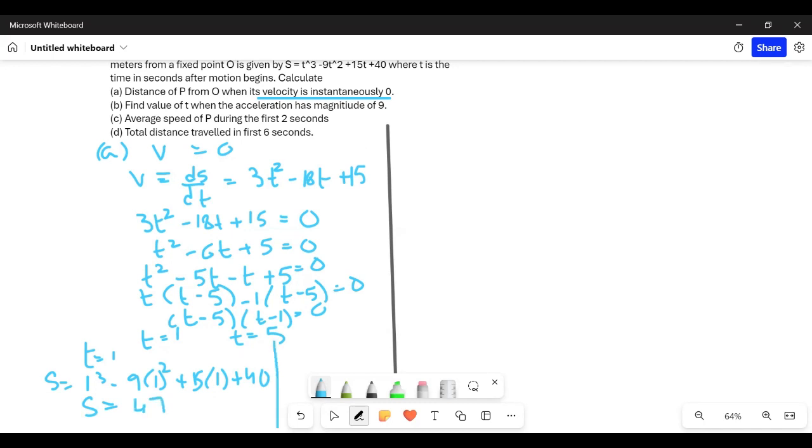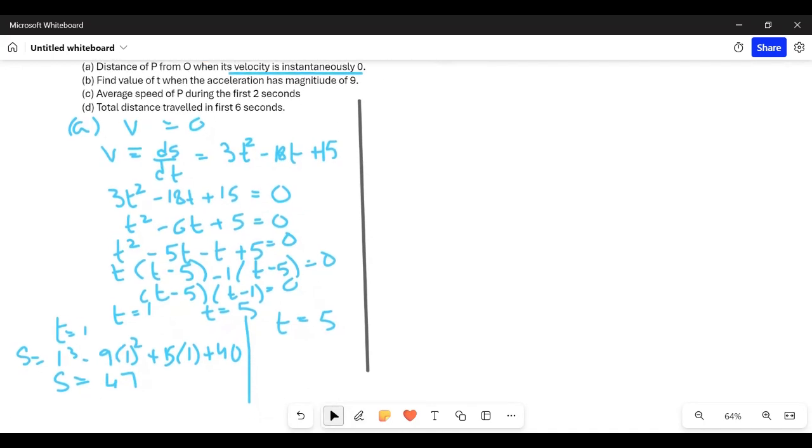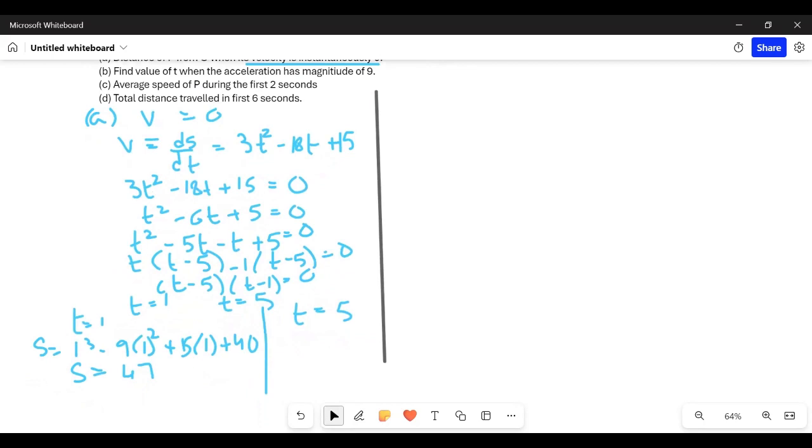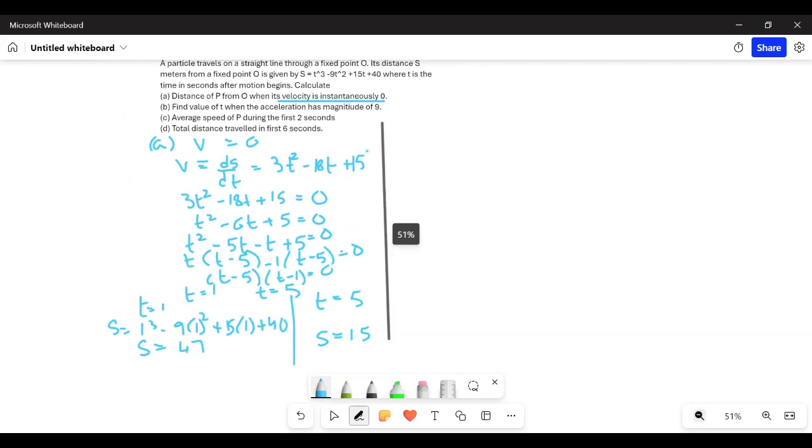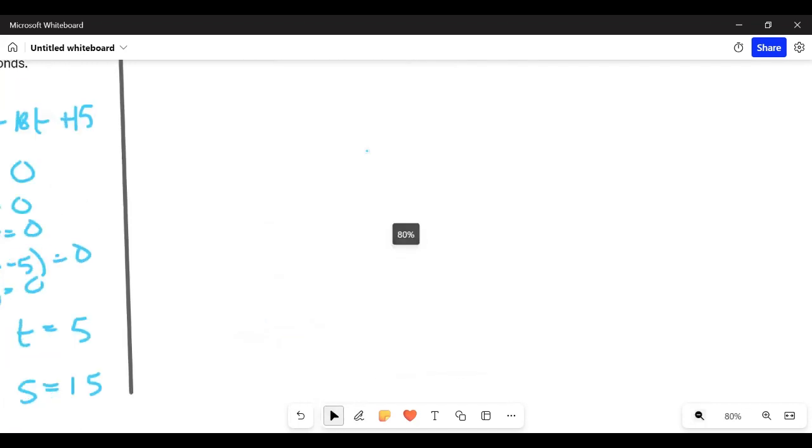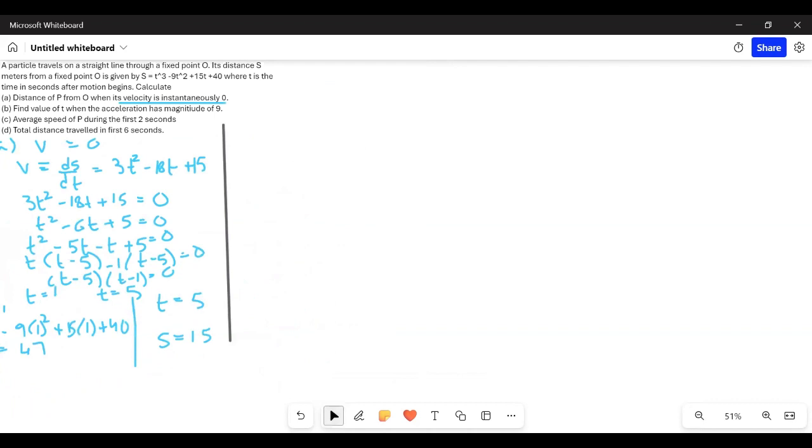And similarly, when time is equal to 5, you're now going to substitute 5 in place of t in the equation of s and get s equals 15. Okay. Part 1 is done.